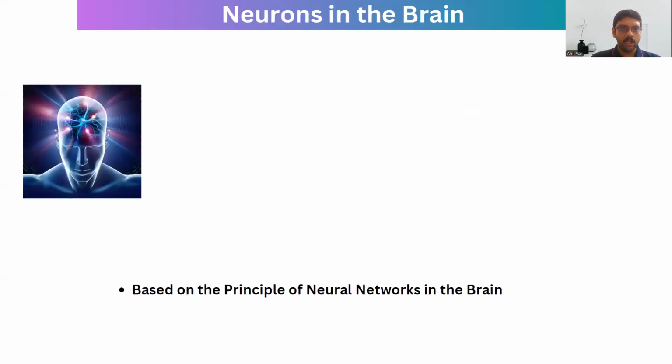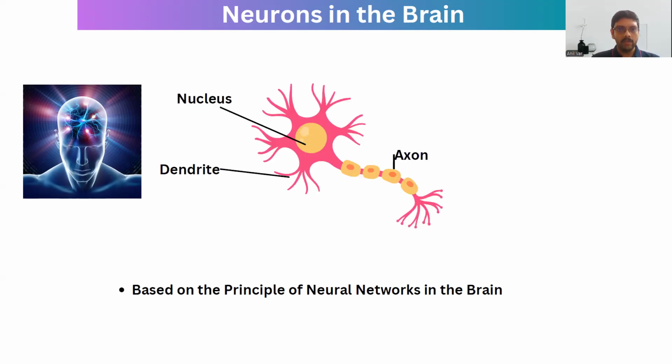Let's go. Now, as the name suggests, a neural network is modeled on the human brain, right? The human brain is made up of neurons. Neurons have a body which contains a nucleus. There are dendrites, which is how a neuron connects to another neuron, and an axon. The axon connects to the other neuron, and the dendrite is where a connection is received.